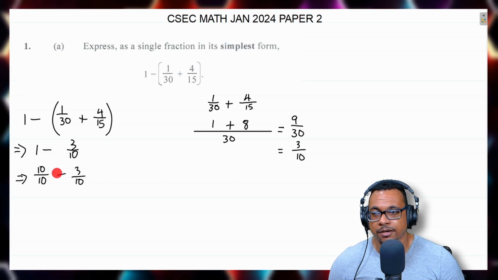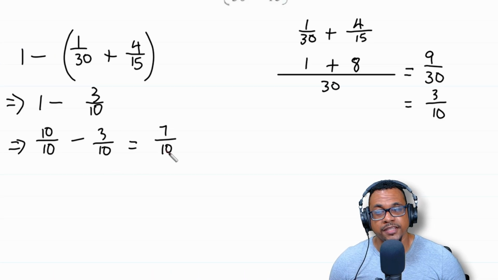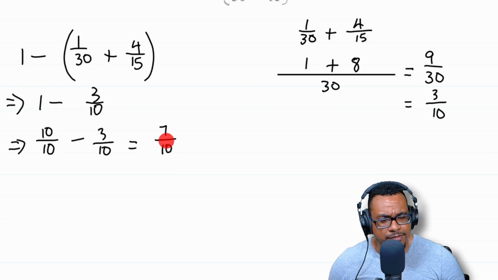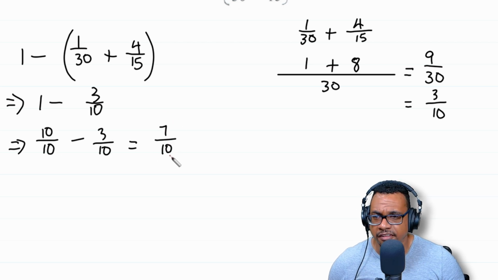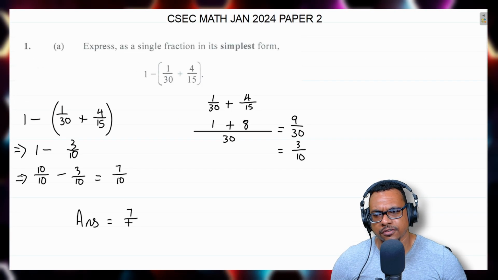I could just say 10 take away 3, which is 7. So this would just be equal to 7 over 10. So the denominator remains 10 because here's 10 and here's 10. And we just work with the numerators, right? So 10 take away 3, which is 7. And this will be your answer, 7 over 10, because we can't break this down any further. So let's put answer is equal to 7 over 10.